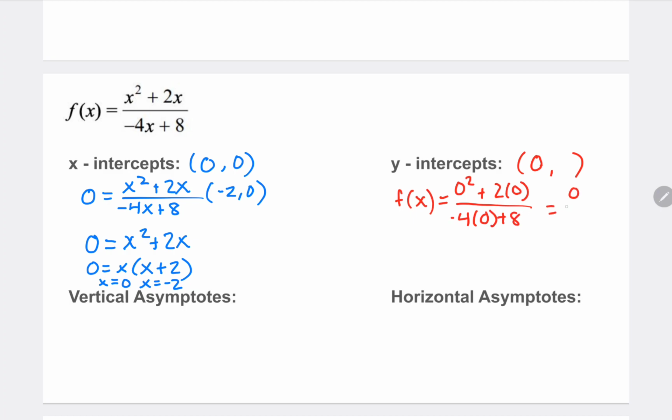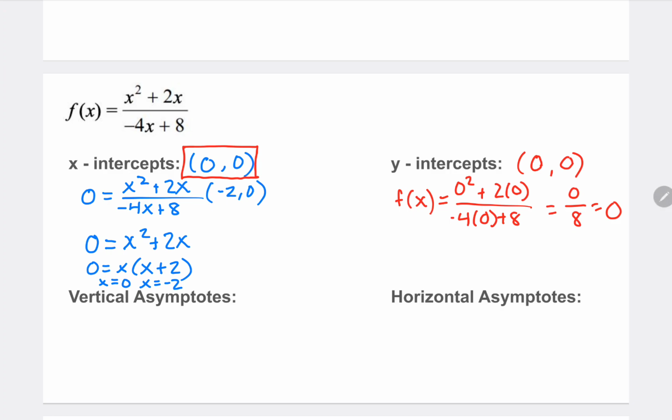So I get 0 divided by 8, which is 0. So this function has a y-intercept at (0, 0). My y value is 0 when x is 0. And I could have known that by looking over here: if my x-intercept is at (0, 0), that's also a y-intercept because that's the origin.